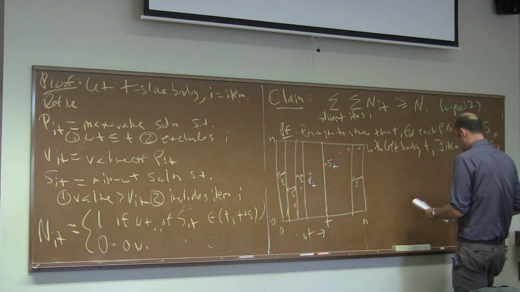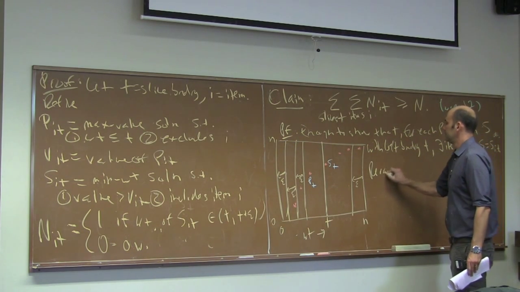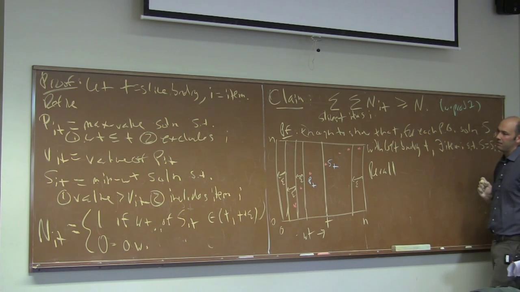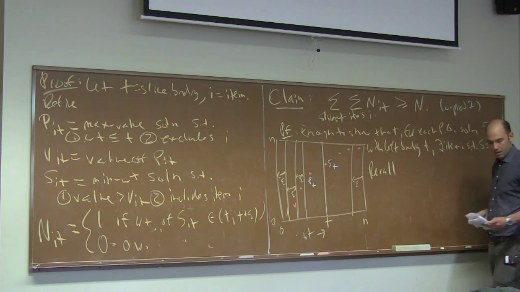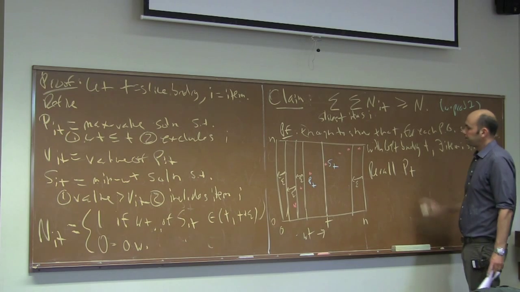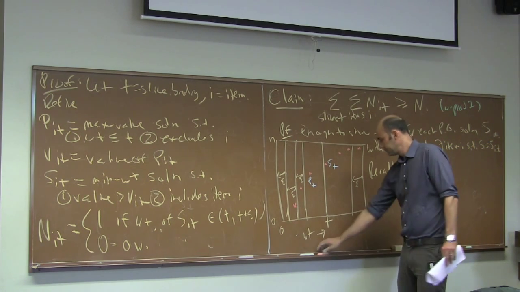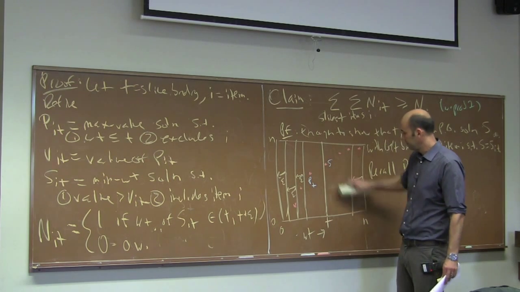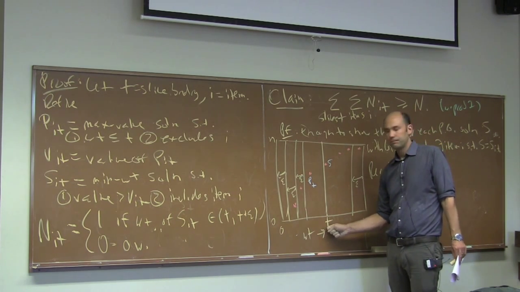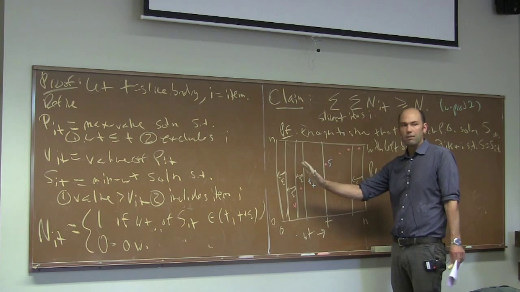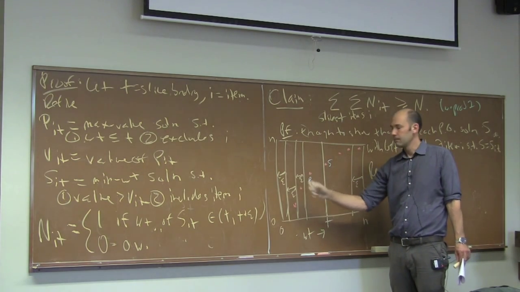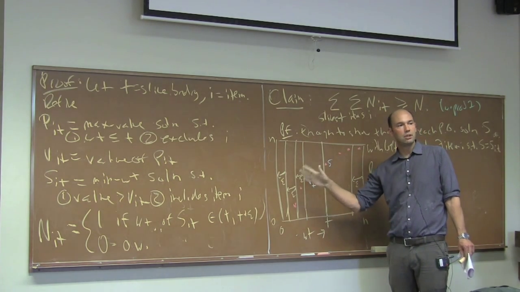So here's how we do it, and it's a refinement of the proof that we had last time. First of all, we have our S. It's right next to t. For the first step, let's just do what we did last time. Look to the left. Find the first Pareto optimal solution you see looking westward.